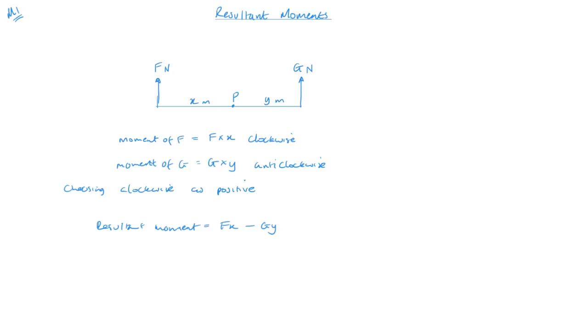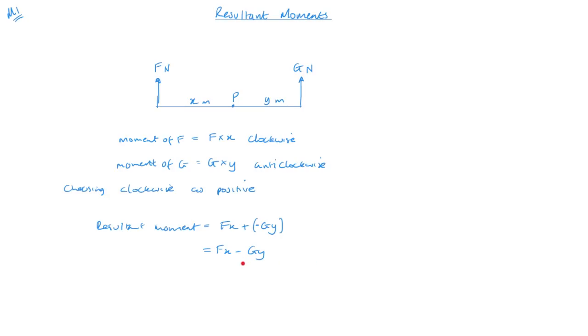Effectively I am adding them, but the Gy is in the negative direction, because I've picked clockwise as my positive, and whatever value this is, it'll leave me a resultant value clockwise.